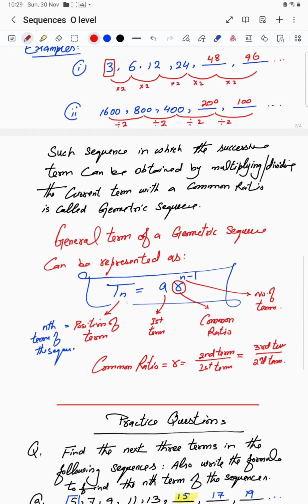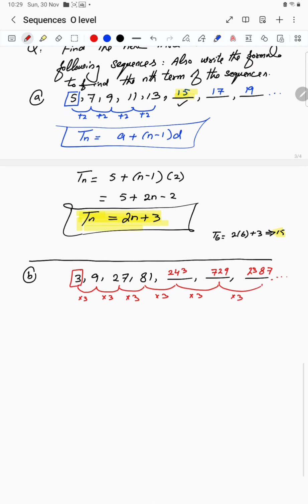It's not arithmetic, so we will use the geometric term formula to generalize the specific rule. Tn will be a r raised to power n minus 1.